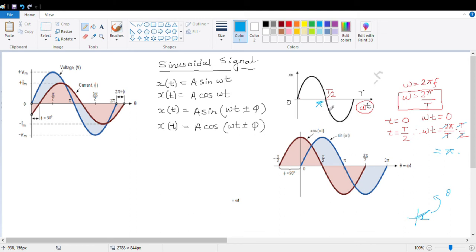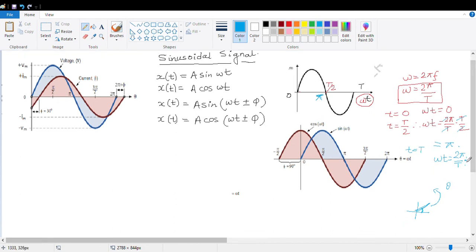So this scale is changing from t to theta scale or omega t scale. What will be the value here? If small t is equal to capital T, then omega t will become 2π by T into capital T. So it will be 2π now.